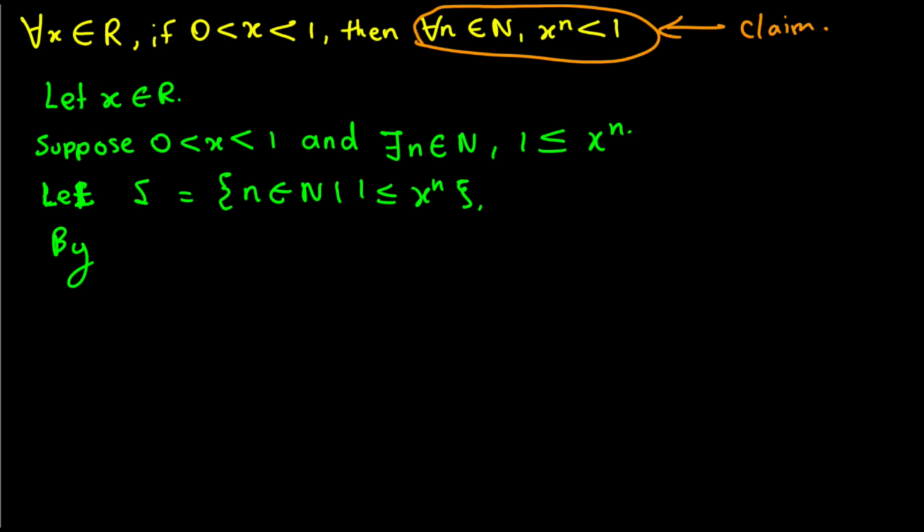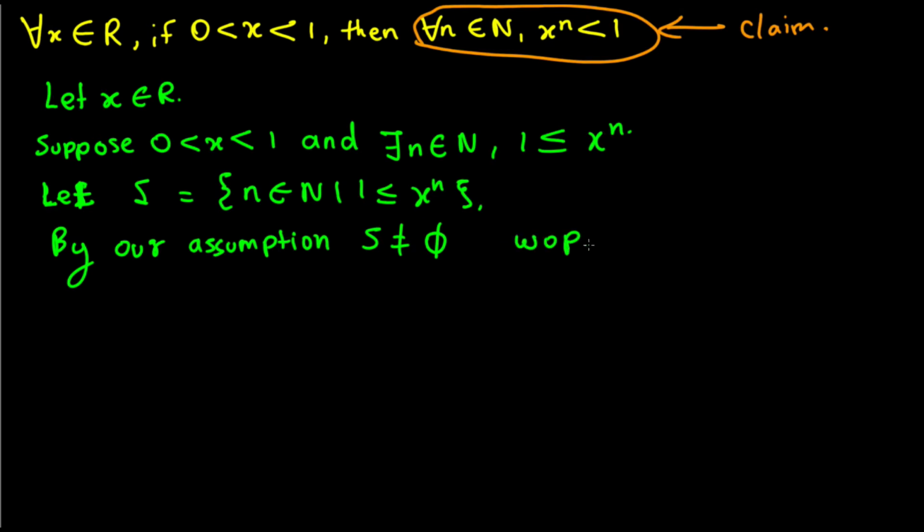Okay, let's go ahead and continue. By our assumption, S is not an empty set. So if S is not an empty set, and it is bounded below by 0, this applies the well ordering property.